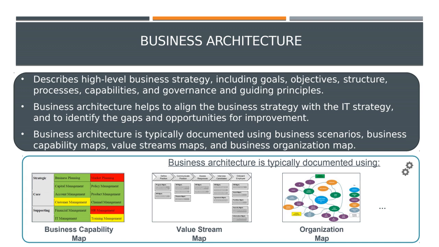You are talking about high-level business strategy, goals, objectives, structure. It will help to align the business strategy with the IT strategy. Okay? And it should be documented. Here in the business architecture, we have the business capability map, value stream map, and organization map.